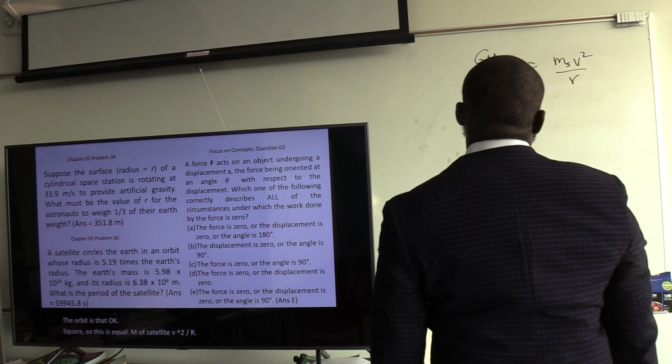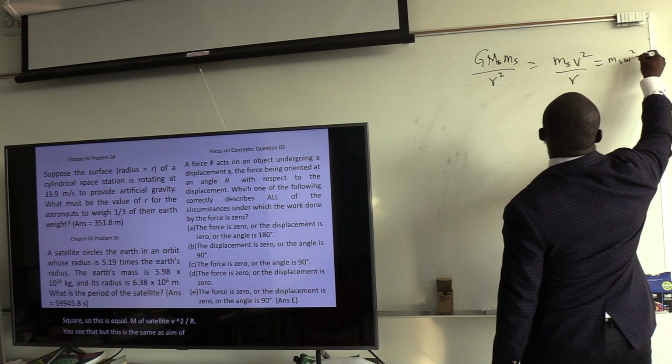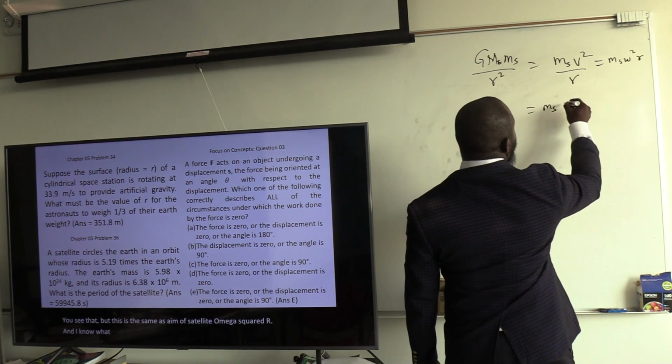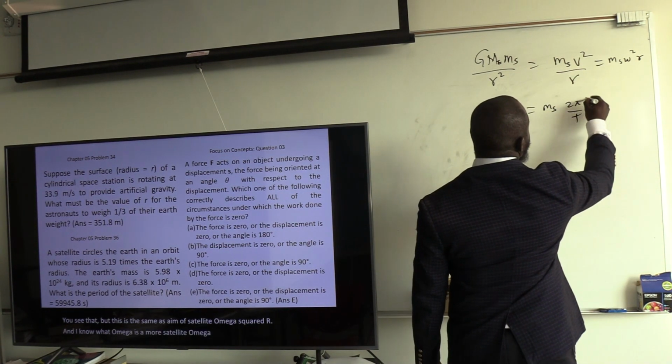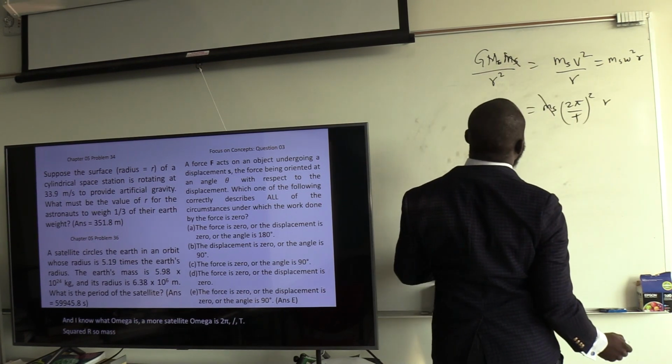But this is the same as m of satellite omega squared r. And I know what omega is. Omega is 2 pi over T, so m of satellite times (2 pi over T) squared r. So mass of satellite cancels mass of satellite.